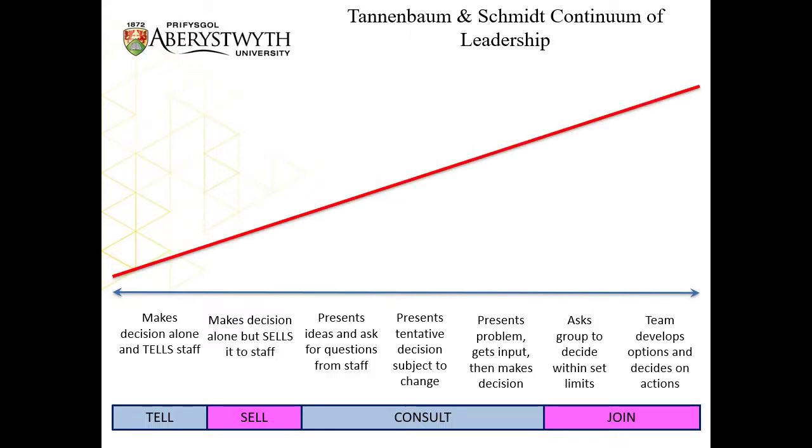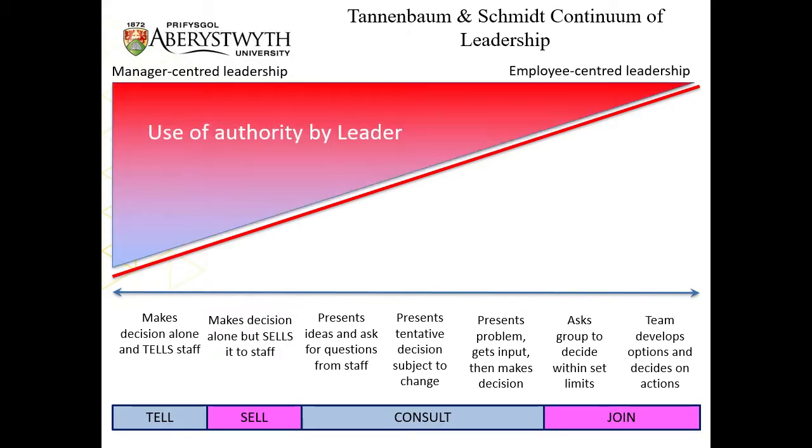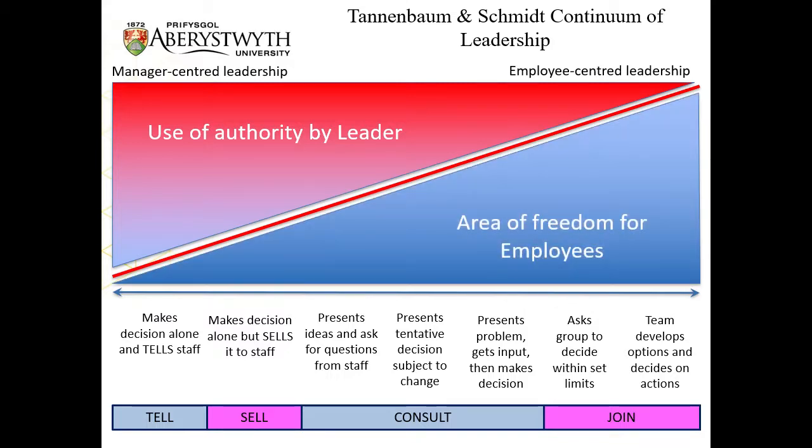And we can characterize this continuum from what we might think of as autocratic through to democratic as manager-centered leadership at the left-hand side, employee-centered leadership at the right-hand side, and we see a balance between the use of authority by the leader, which is 100% at the tell end of this spectrum, and that is offset by the area of freedom for the employees.